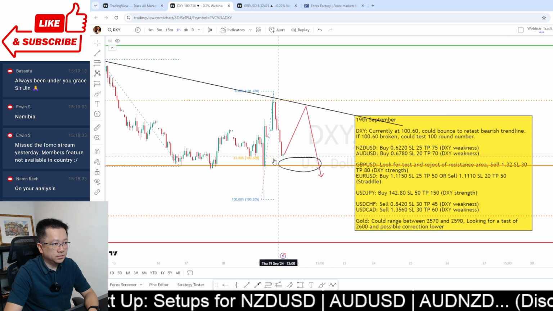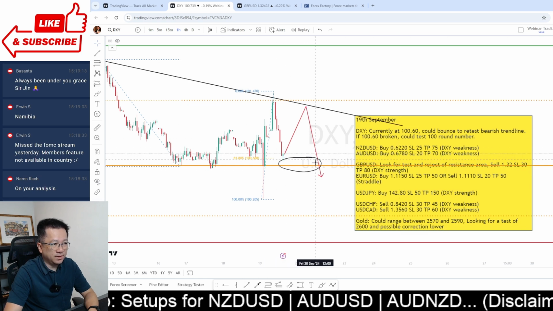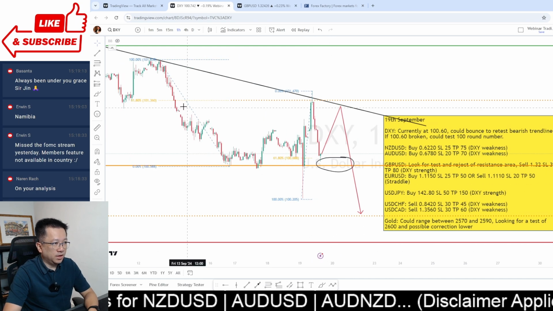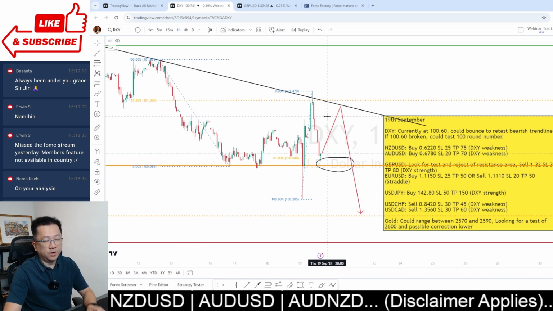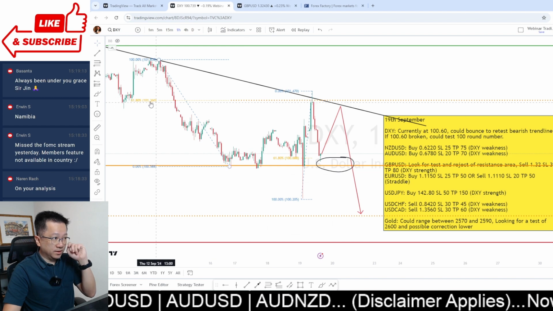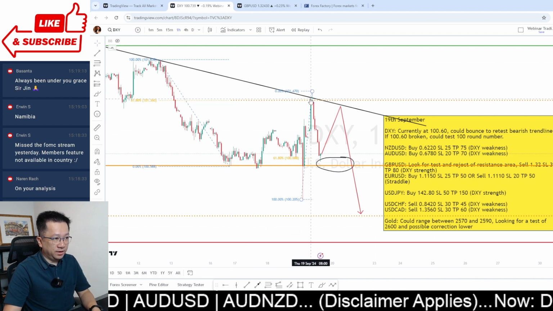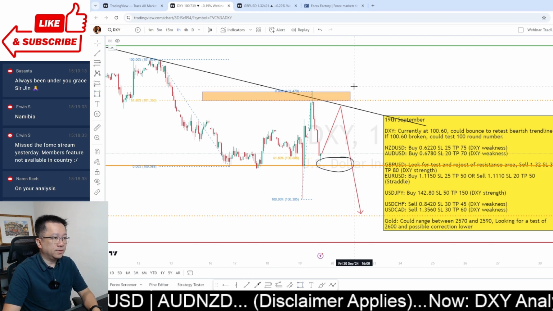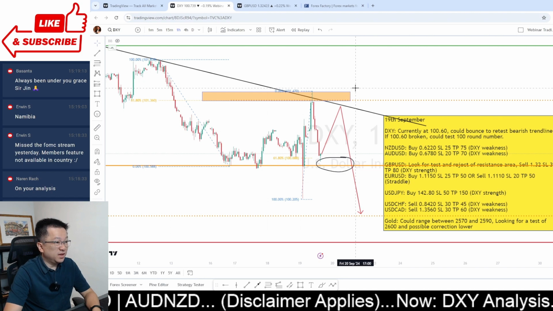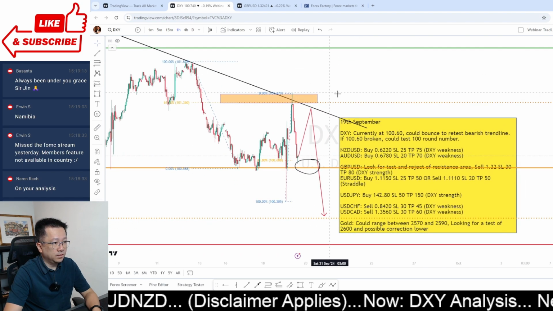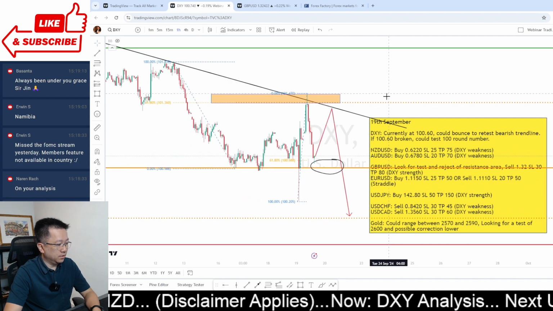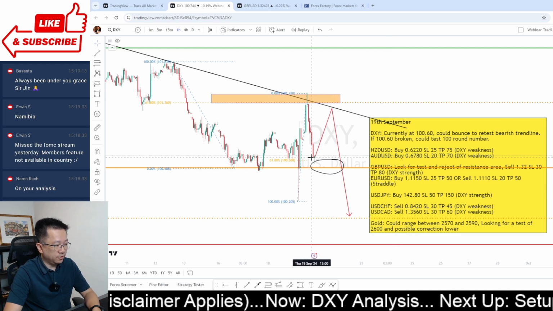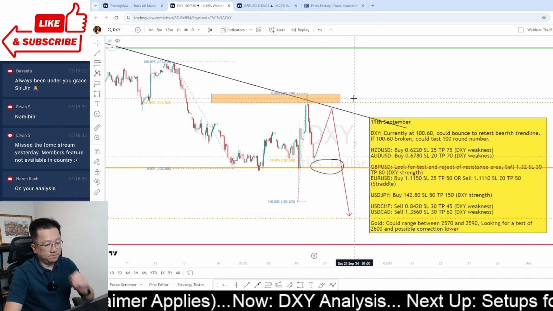I'd like to see it do that, but then we could see it go back down again. The upside limit would be at 101.40, which is about that 61.8 level. Actually, 101.50 would be a good limit. So that's what I'm thinking on the dollar index. Maybe some resumption of strength coming back up again.